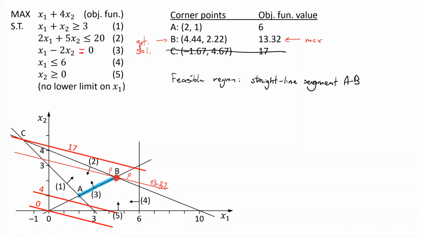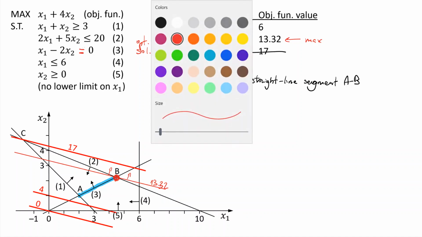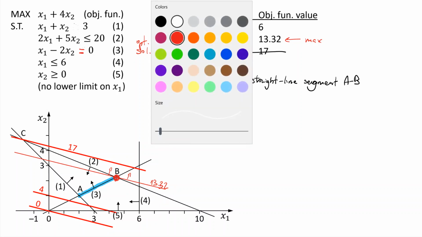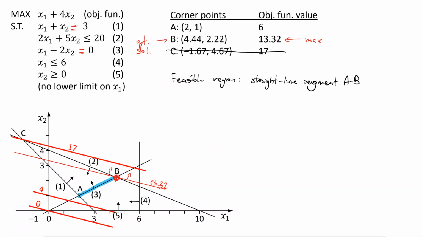Okay. Another modification I want to consider is what if there was another constraint that's an equality. So let's say constraint 1 was also an equality, so let's make this constraint 1 into an equality as well. Right?